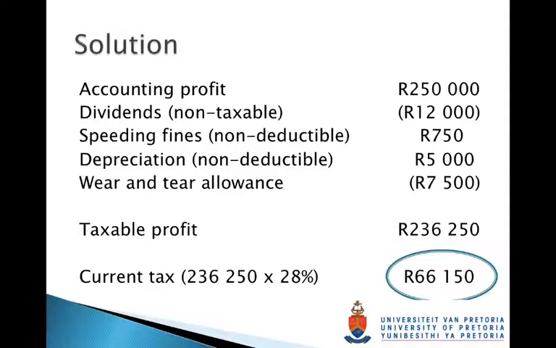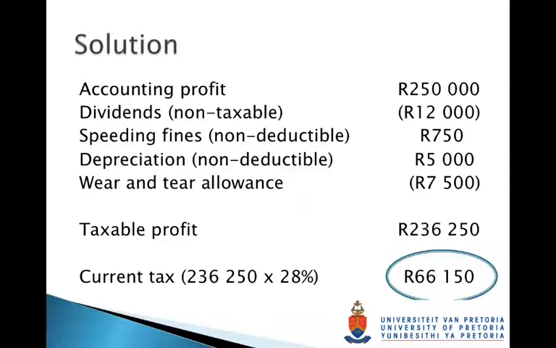Then you add back the depreciation because it is also a non-deductible expense, but you subtract the wear and tear allowances because that is the amount that SARS allows you to deduct from your income, and that gives you a taxable profit of 236,250 Rand.